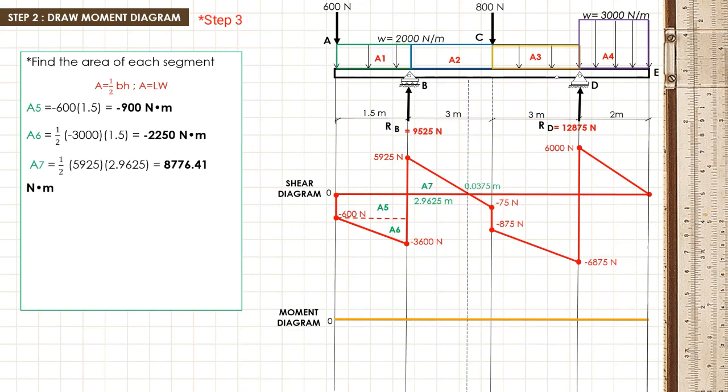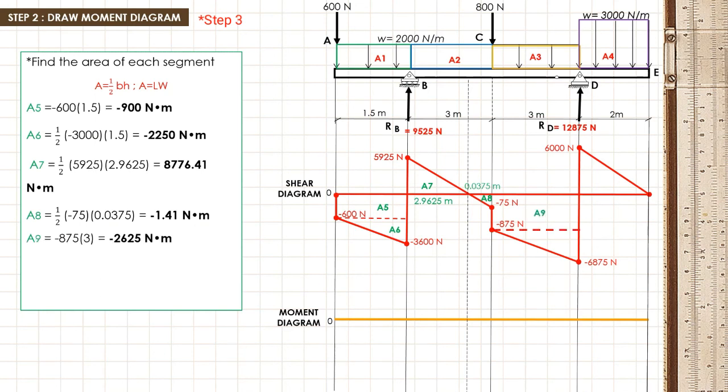And for A7, 1/2 multiplied by 5925 multiplied by 2.9625 is equal to 8776.41 Newton meter. And for A8, 1/2 multiplied by negative 75 Newton multiplied by 0.0375 is equal to negative 1.41 Newton meter.